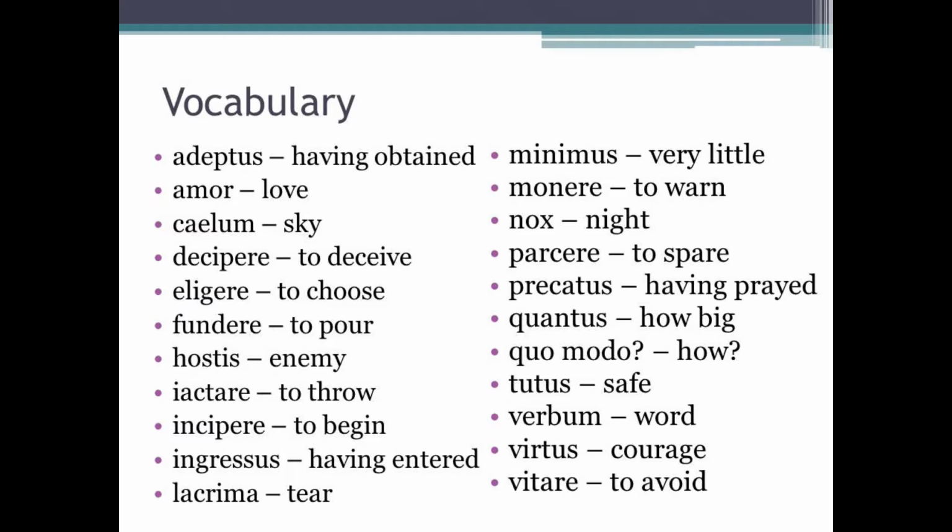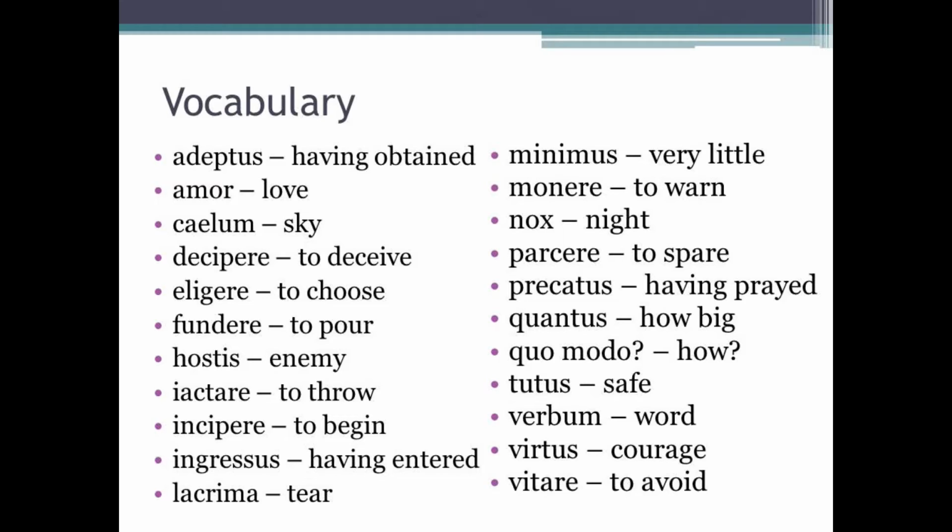Fundere, to pour. Hostis is an enemy. Iactare, to throw. Incipere, to begin. Ingressus, having entered. Lacrima is a tear. Minimus means very little.